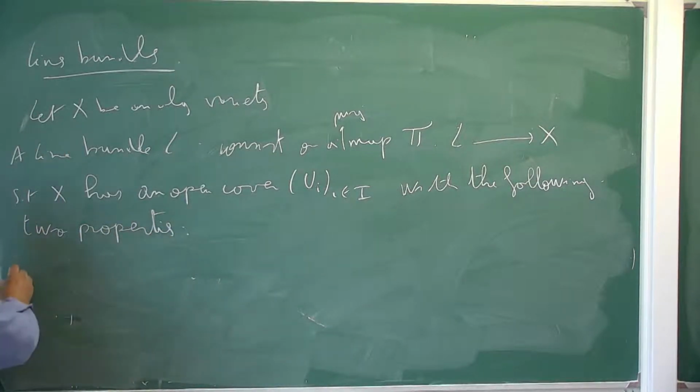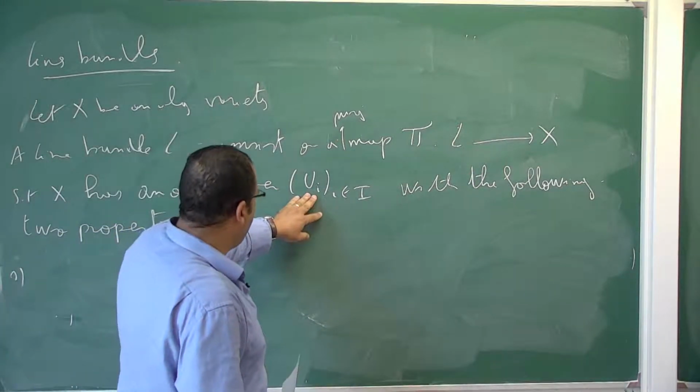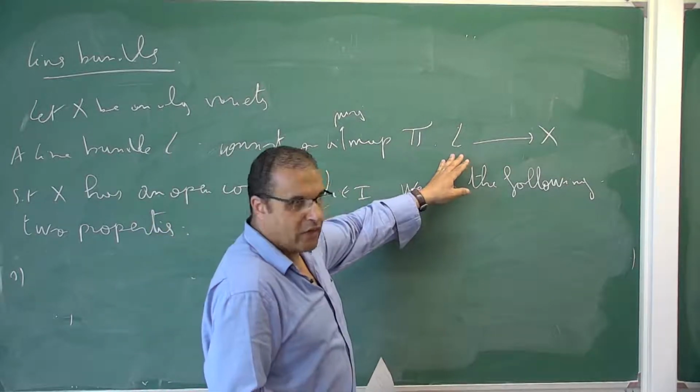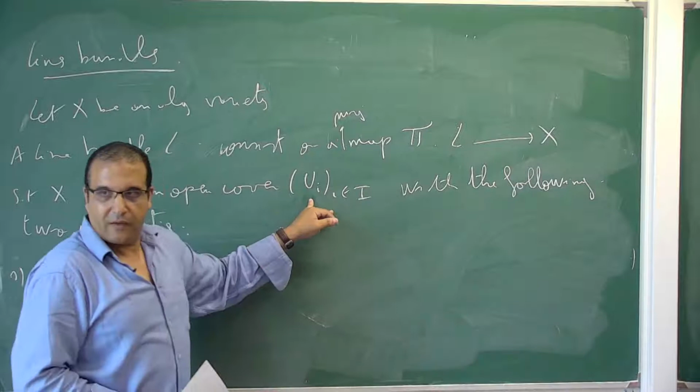The first one: over each open U_i, your line bundle looks like U_i times K.